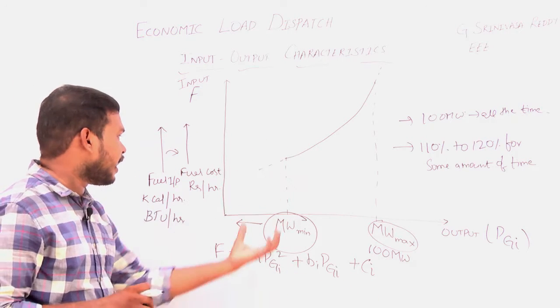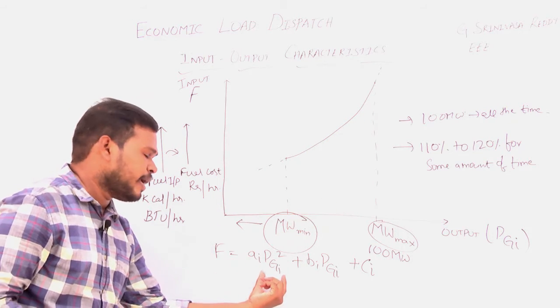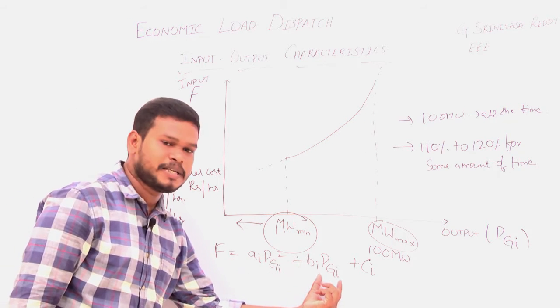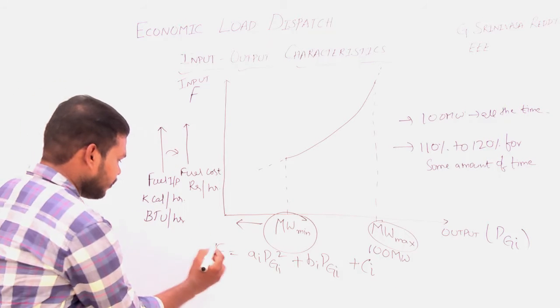The equation for this curve is simply F equals AI PGI square plus BI PGI plus CI.